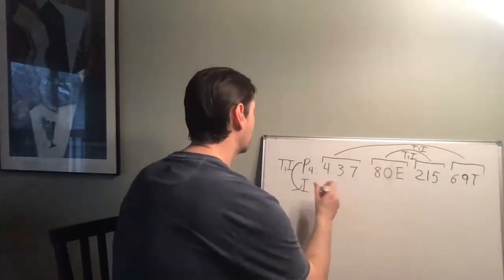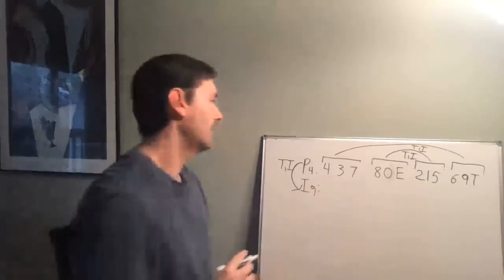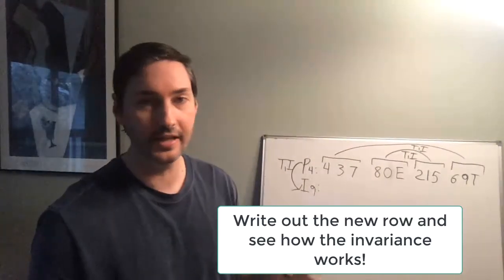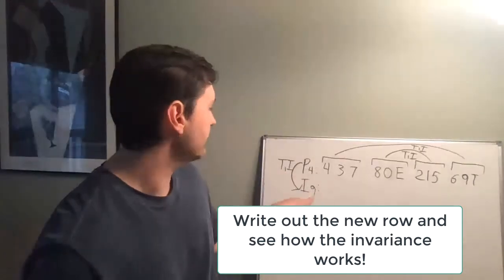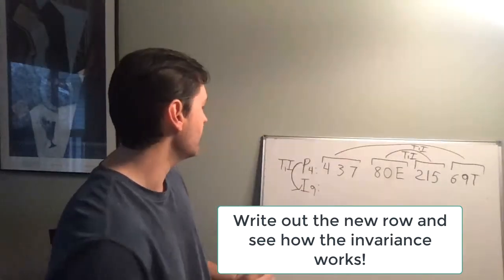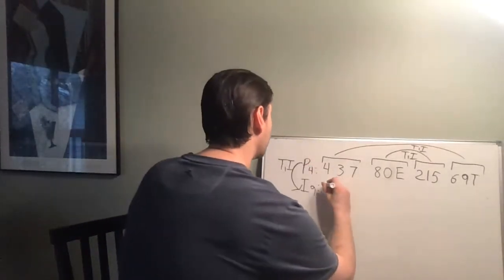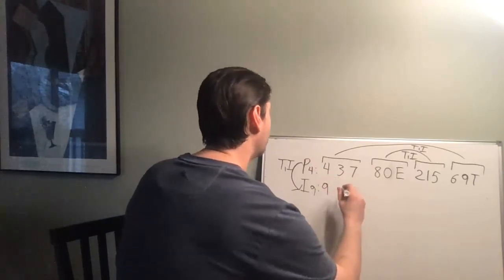All right, so next step then, let's go ahead and write out I9. So I'm going to do it a little cleaner. And let's see what happens. So this is basically the last step. Once you apply this, write this out, and let's see what happens. So again, I'm going to be creating sums of 1.